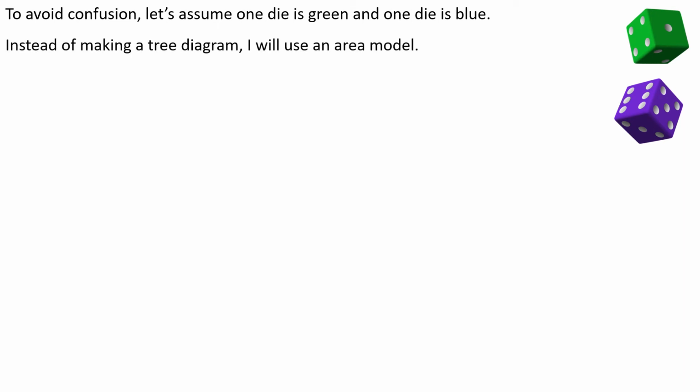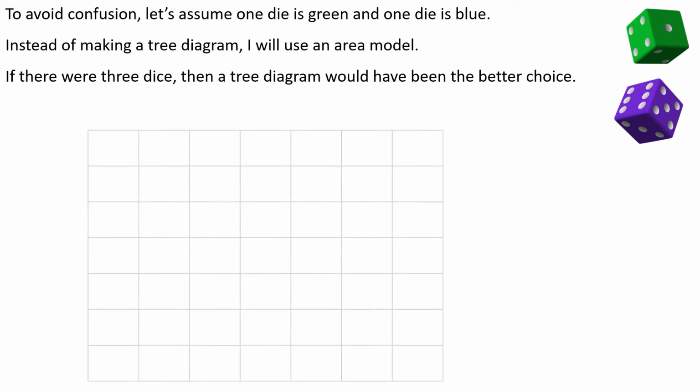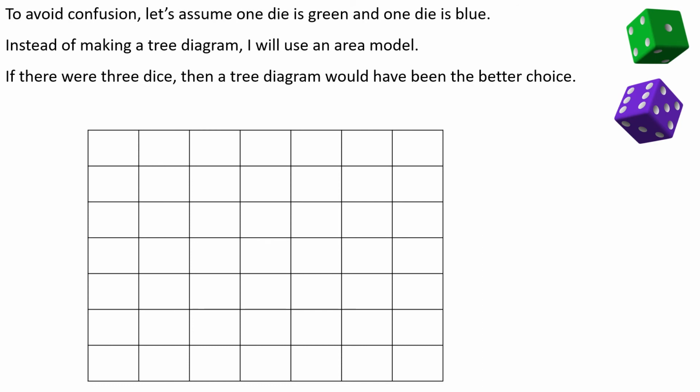And instead of making a tree diagram, I'm going to use an area model. Area models are quite useful if there's only 2 different objects in our event. If there had been 3 dice, I would really be forced to use a tree diagram. Area model would not work so well. Area model works fantastically well, though, if there are just 2 different objects involved in my event.